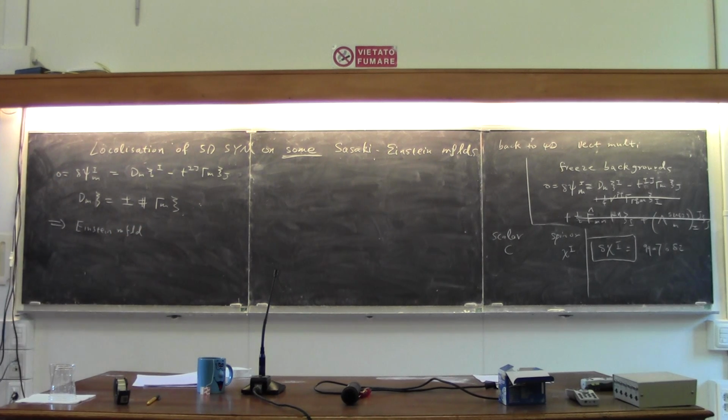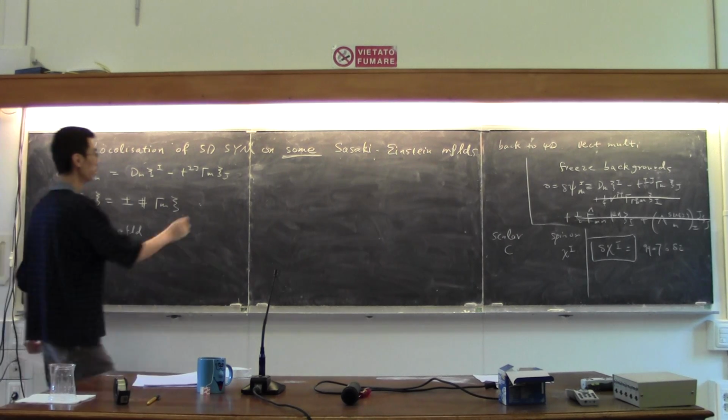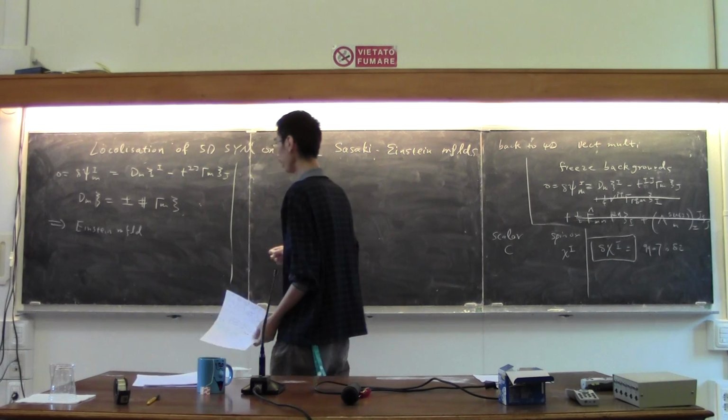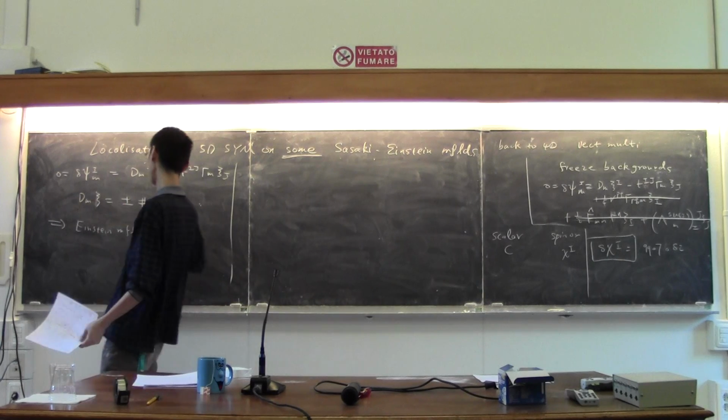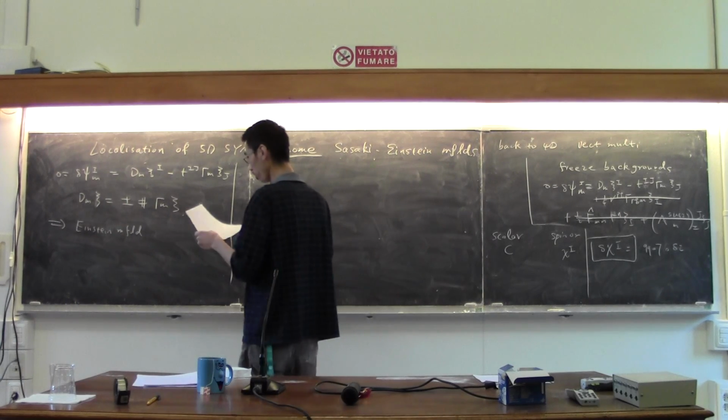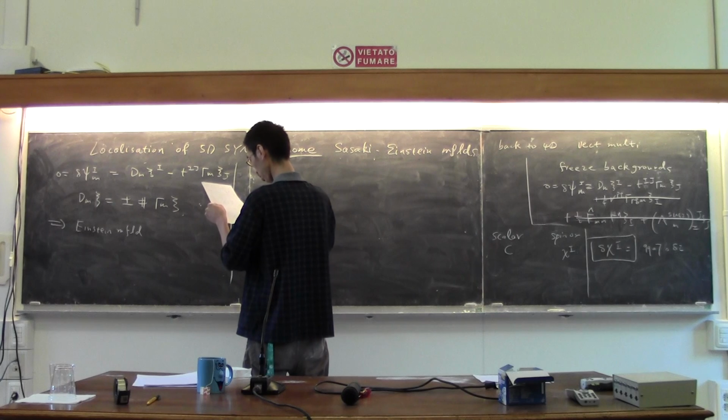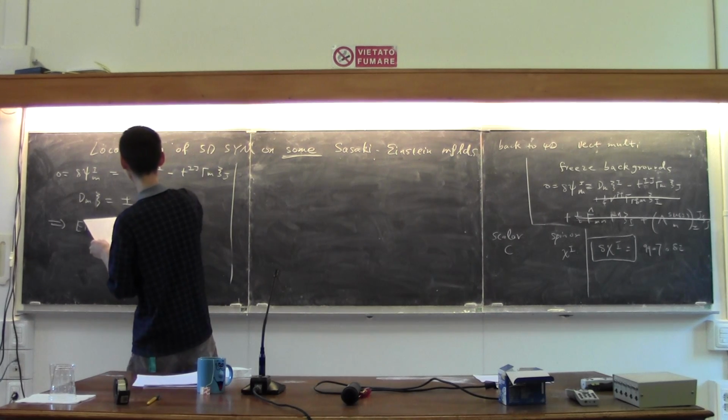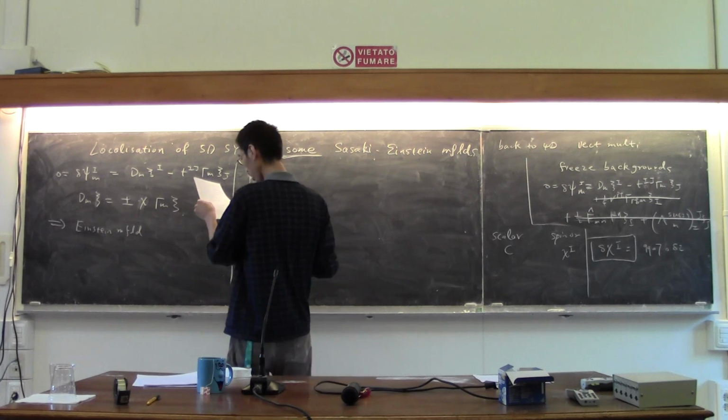So let me just show you how to get this. Well, it's actually quite simple. We just apply another d on both sides and then use the Killing equation again.